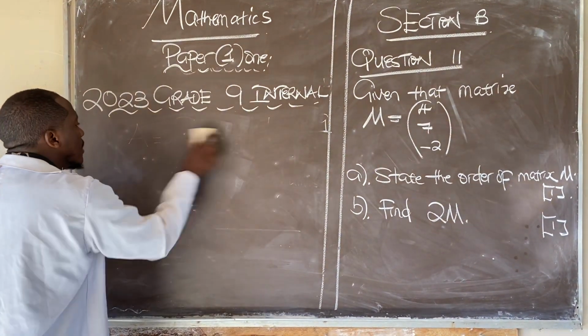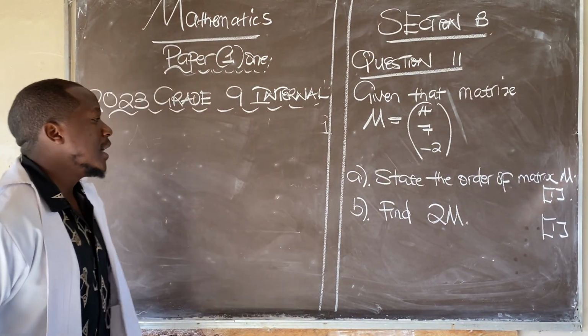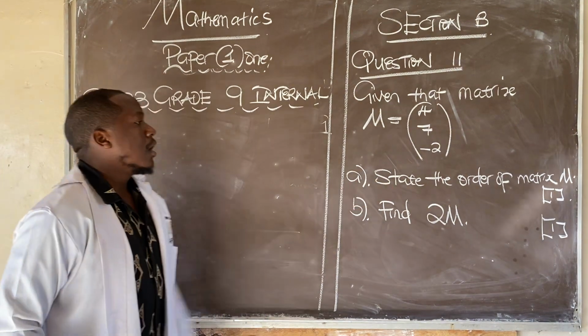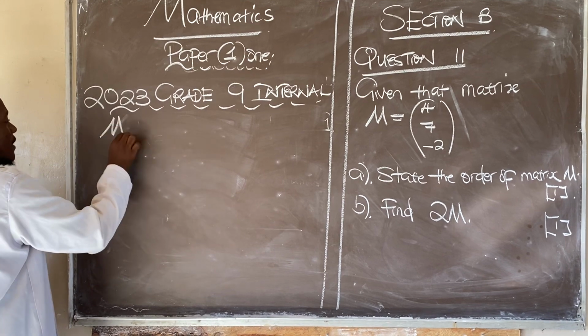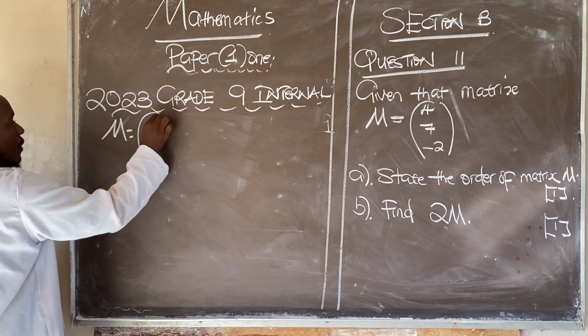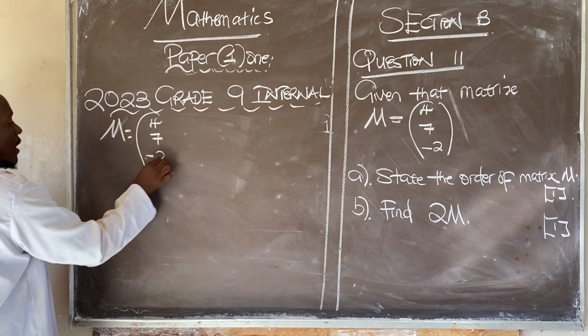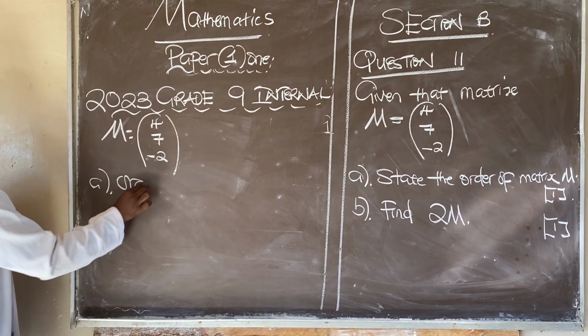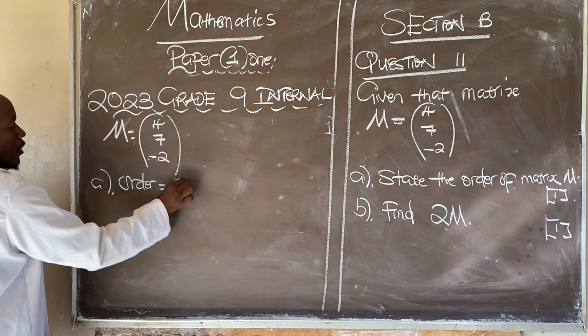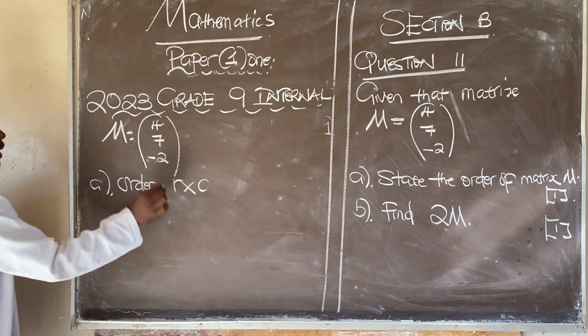Now, considering the question that we currently have, it says state the order of matrix M. We've got matrix M, which is equal to 4, 7, as well as negative 2. On A here, when we talk about order, this is rows multiplied by columns.